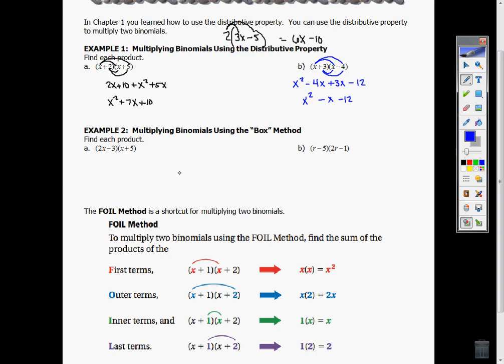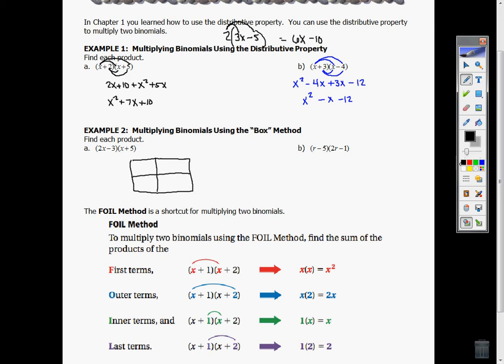Now, there's a couple of little hints or tricks or little things to help you remember how to do this or help you do it a little bit easier. One of those ways is called the box method, which pretty much means you're going to do exactly what it says, make a box.